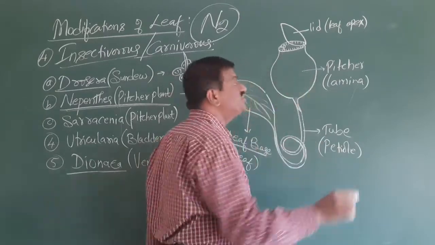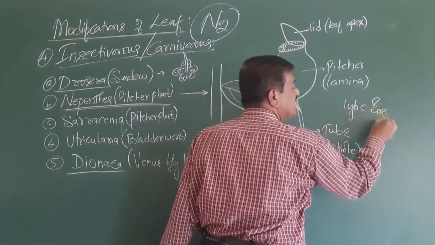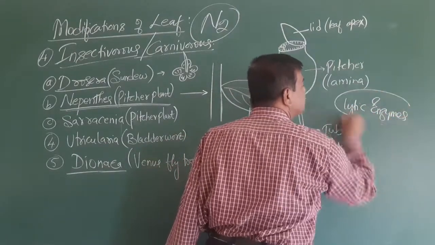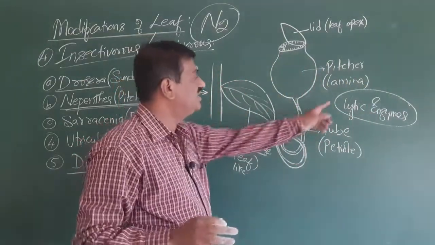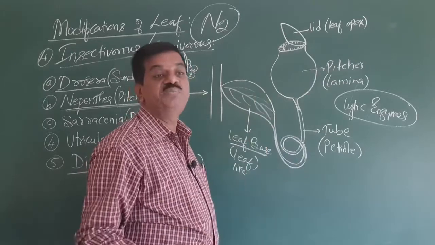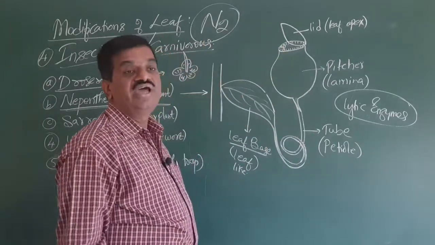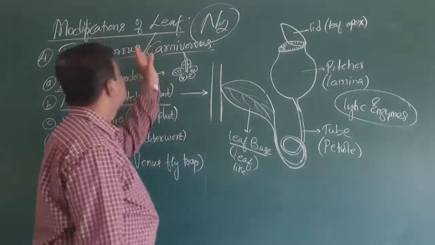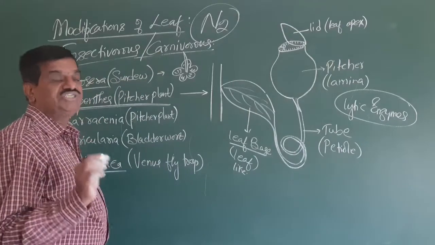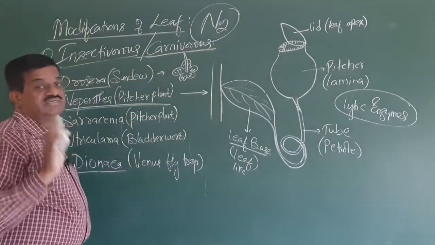Once the lid is closed, the leaf produces lytic enzymes. These lytic enzymes help in digesting the insect. The lytic enzymes kill the insects and it is digested. From the insect they trap the nitrogen. Hence they are called insectivorous plants or carnivorous plants. Flesh eating plants are called carnivorous, insect trapping plants.